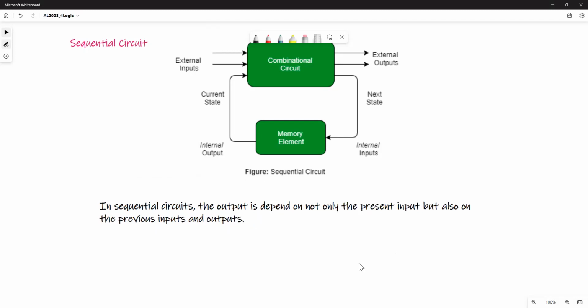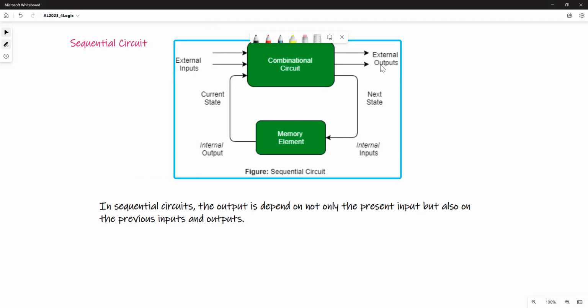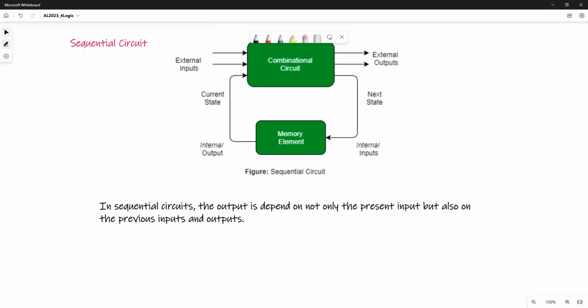So the output depends not only on the present input; these are present and also previous, but the previous state we will get from here. That's what we are going to do.